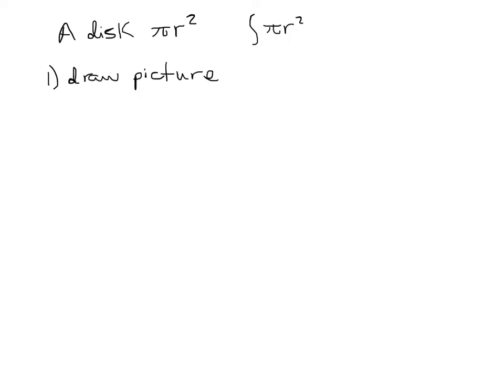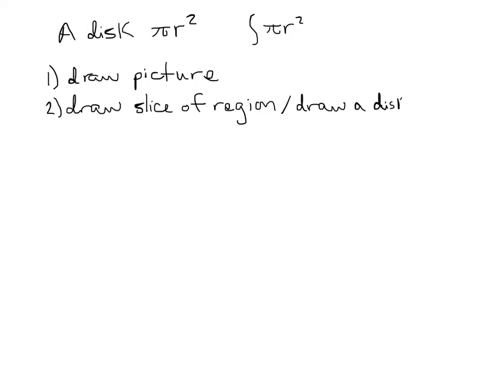I'm going to draw a slice of the region that we're going to be revolving, and then draw a disc or washer, depending on if it has a hole in it or not. So this gives me an image.